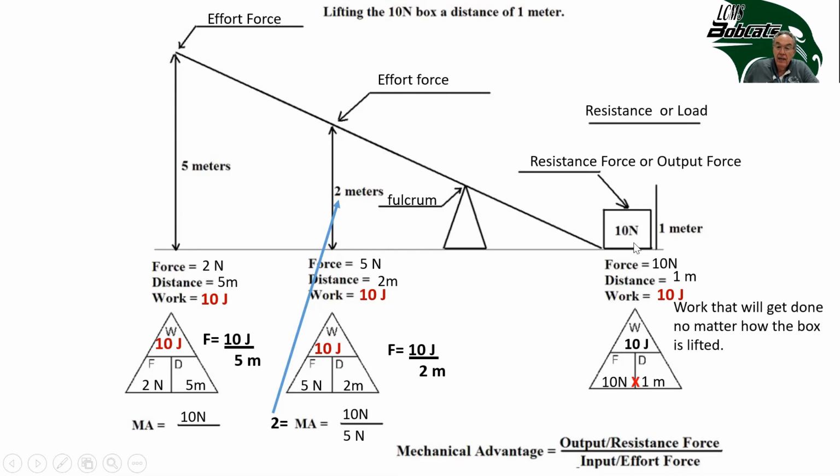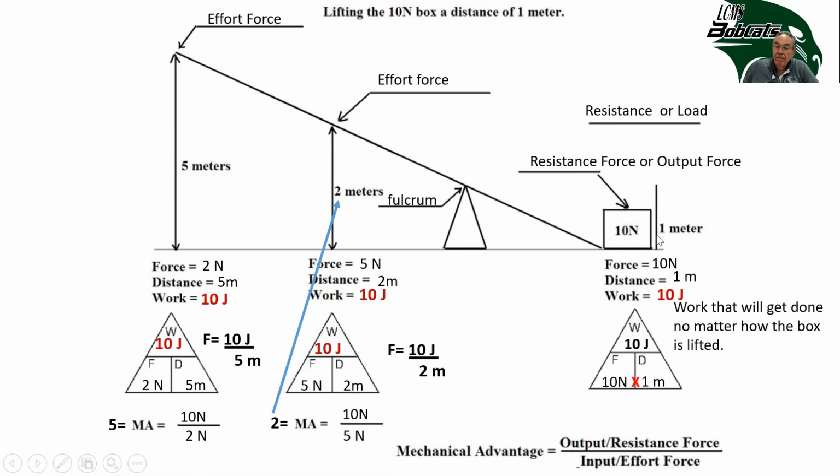Okay, so I get out 10 newtons of force. I only have to put in 2 newtons of force. That means the machine is going to multiply what I put in by 5. I put in 2 newtons and I lift something that weighs 10 newtons. So if you want to think of it in pounds, this weighs 10 pounds and I only have to push down with a force of 2 pounds and I can lift something that weighs 5 times as much.